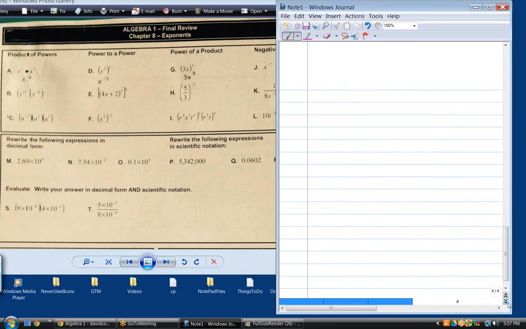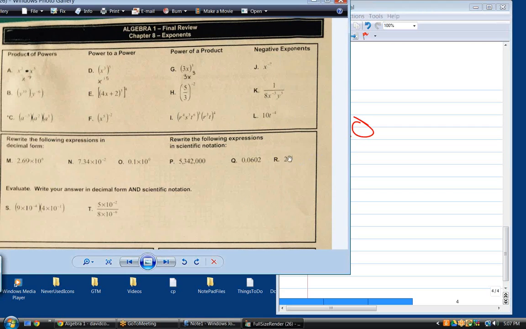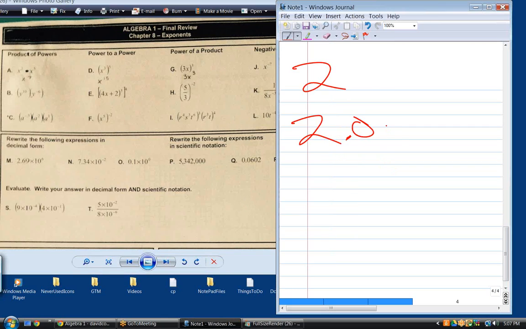How about 2? The number 2. How do I express that in scientific notation? 2.0. Okay. Actually, yeah, they do add the 0.0. Times 10 to the first. 10 to the first would be what? 100.